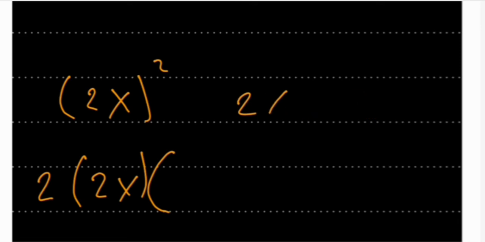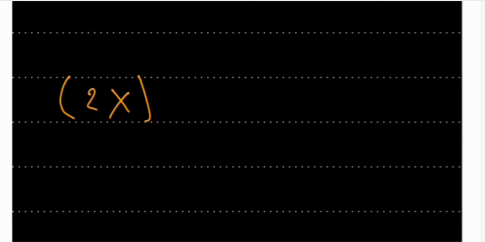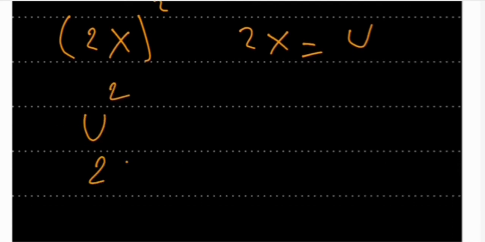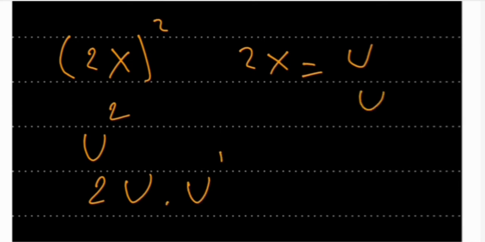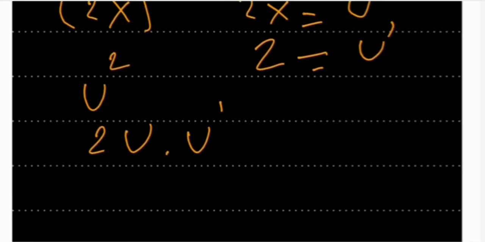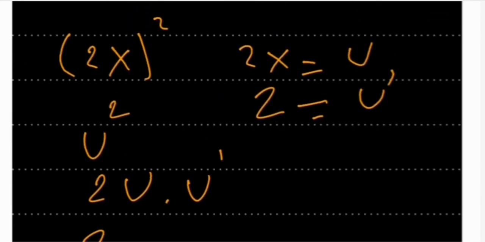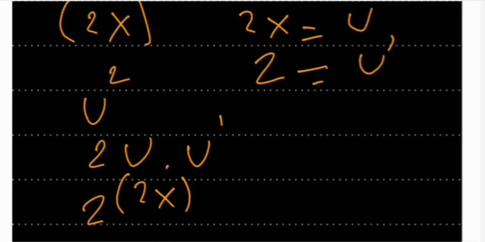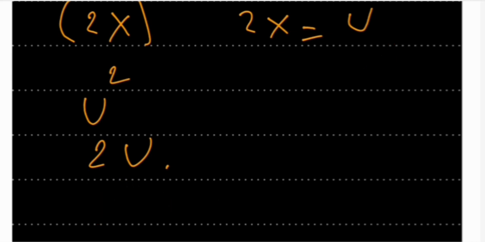What are we essentially doing? We are saying that 2x is equal to u, right? So we are saying that u squared. So what is the derivative of u squared? It is 2u multiplied by u comma. But what is u comma? Well, u comma is 2. So 2 multiplied by what is u? 2x multiplied by u comma, which is 2, right? So this would be our answer.